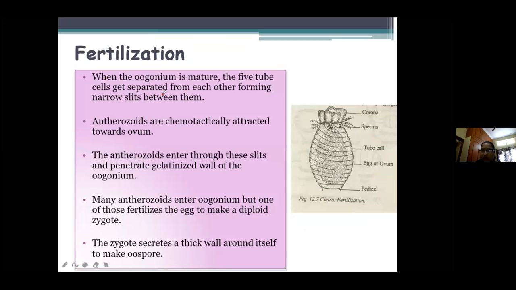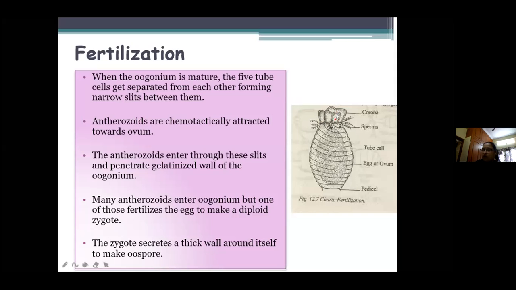Here the biflagellate anthrozoids enter into the oogonium through the pores formed near the corona. See here, this one is a diagram. ఇందాక చెప్పాను కదా న్యూక్లియల్ లో పోర్స్ ఉంటాయని. Where the నాలికా కణాలు ఉంటాయో అక్కడ నుంచి పోర్స్ ఏర్పడతాయి. ఎక్కడైతే కరోనా ఉంటుందో, each side.